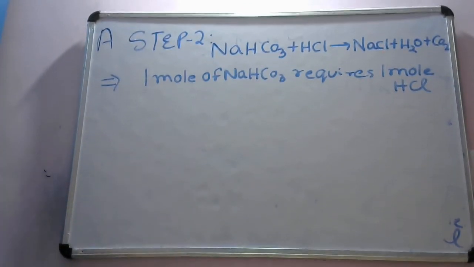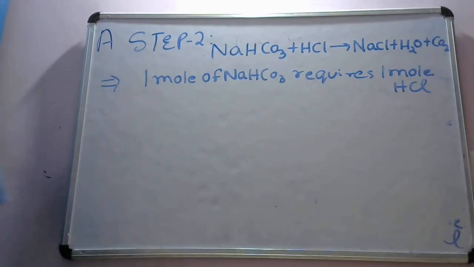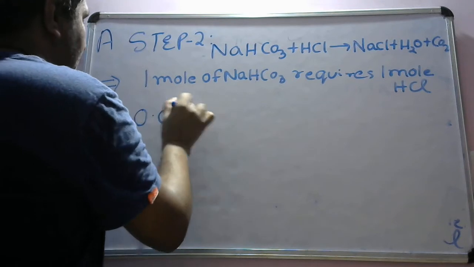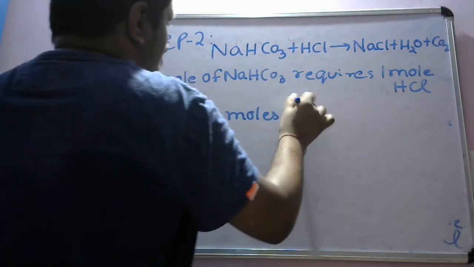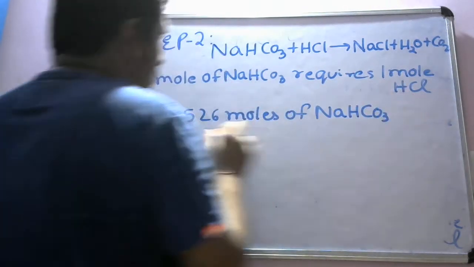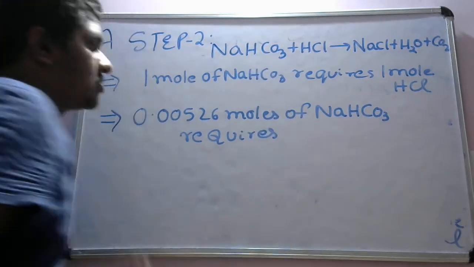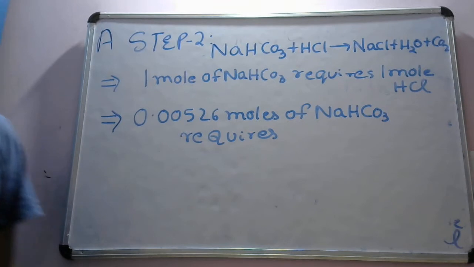So what is the number of moles of NaHCO3 we calculated? Same, 0.00526 mole. For that, how many moles of HCl required? Let us calculate. This we already calculated in the first step, number of moles of NaHCO3.